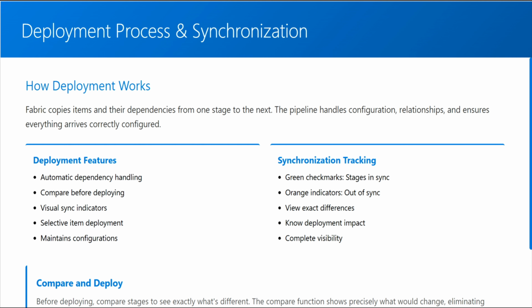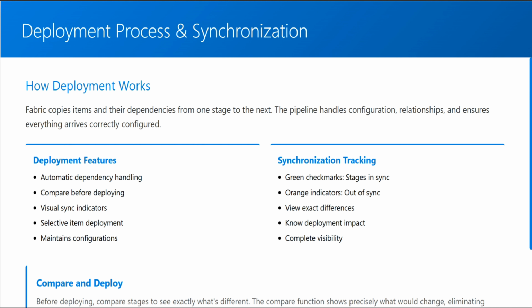Now, let's talk about how deployment actually works. Imagine you built a lakehouse in your development workspace, populated it with sample data, and verified it works. Now you have to move it to test. In the pipeline interface, you will see your development stage with the lakehouse listed.